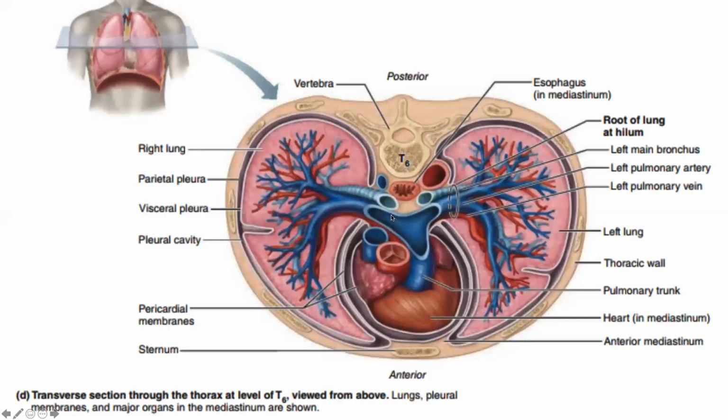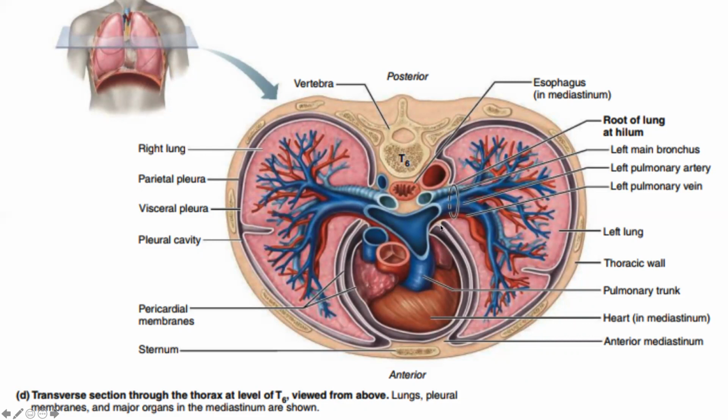Our pulmonary artery, which arises from the heart, is divided into right and left pulmonary arteries. And our trachea is divided into right and left main bronchus. And the pulmonary veins carry oxygenated blood from the right lung and the left lung back to the heart.